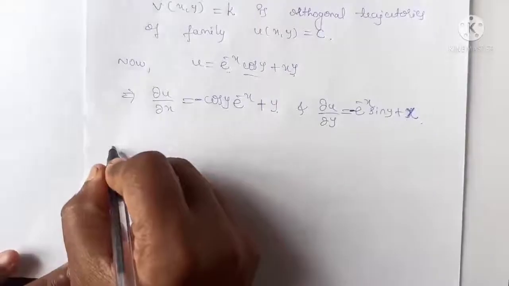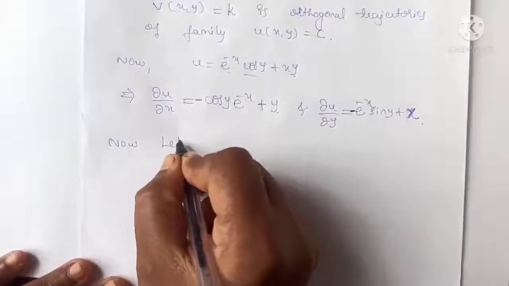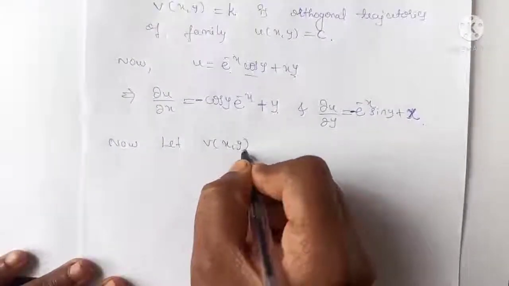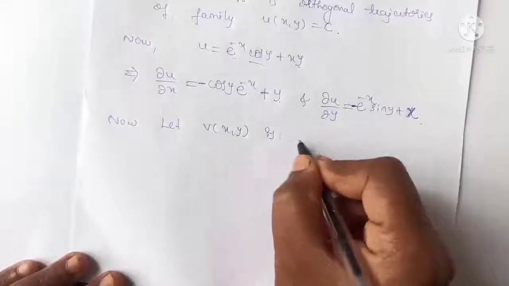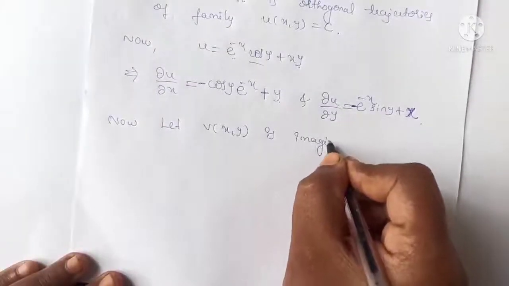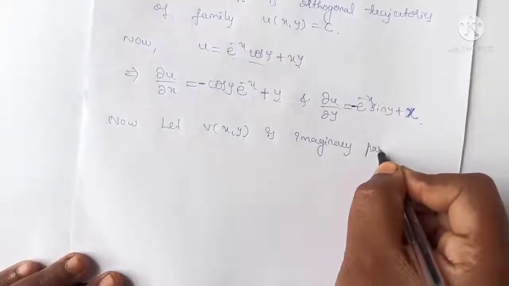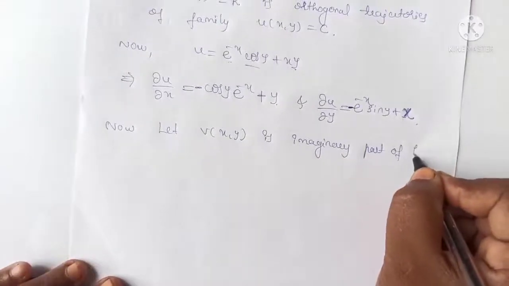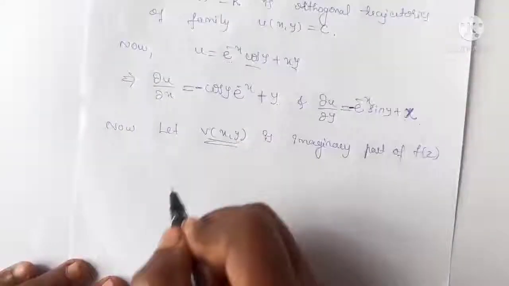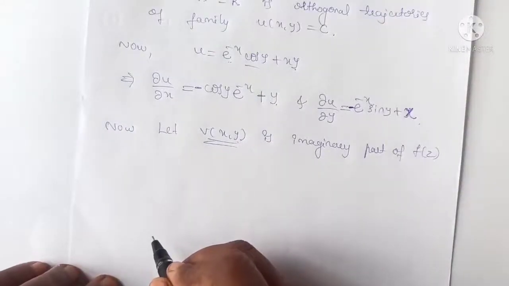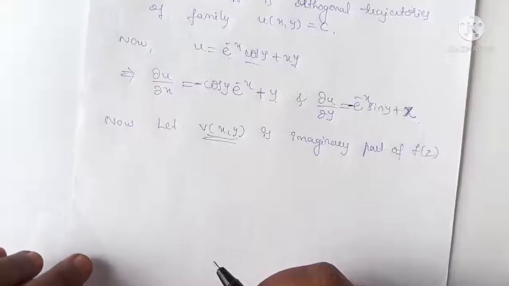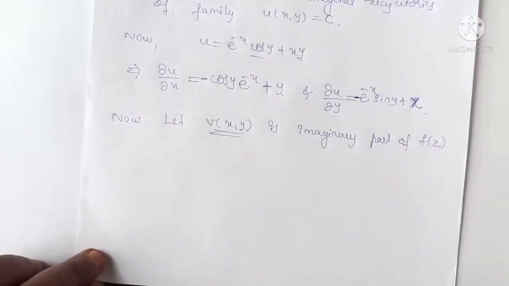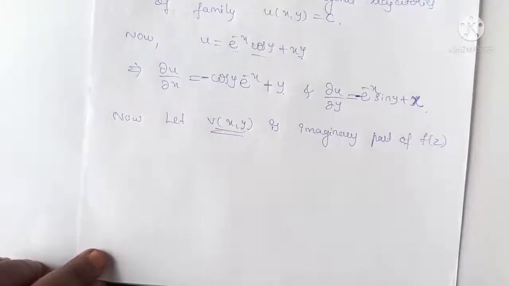Now let v(x,y) be the imaginary part of f(z), then to find this v(x,y) we use the harmonic conjugate method. Okay, so there we write the total derivative. Then we find the v value by exact equation method, integration of exact equations.